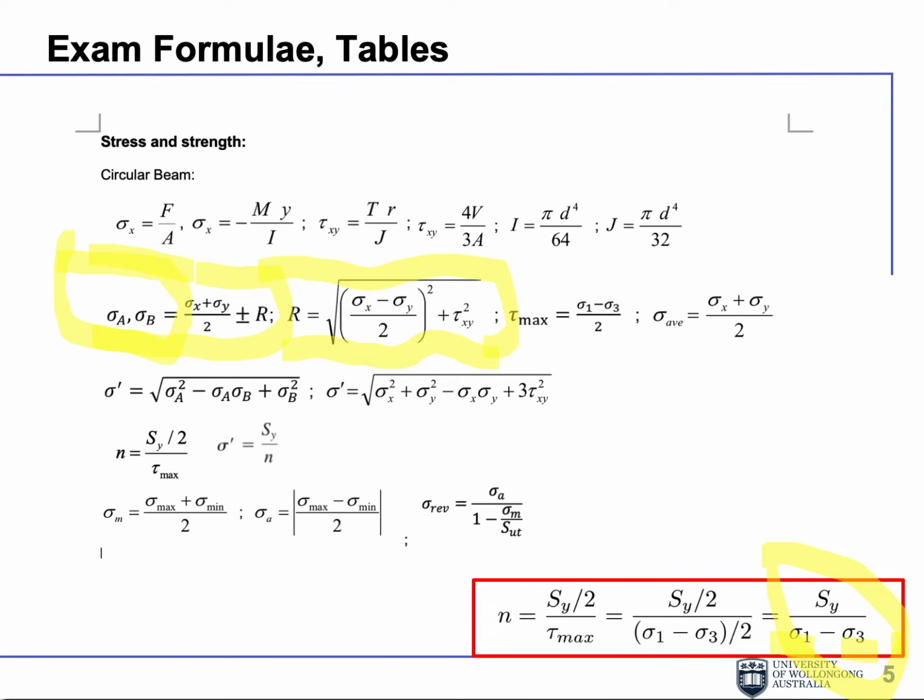So this sigma 1 and sigma 3 are picked from sigma a, sigma b, and 0, those three numbers. So when you do the static loading maximum shear stress failure theory, this is how you address this question.